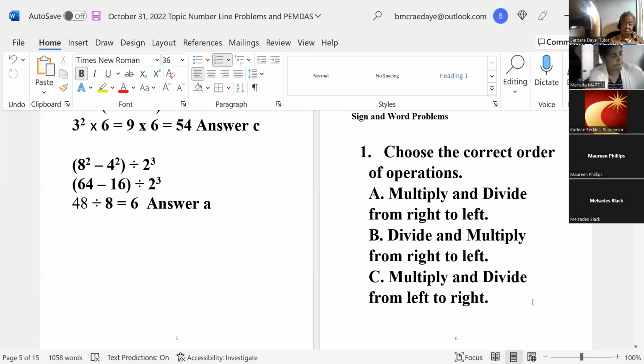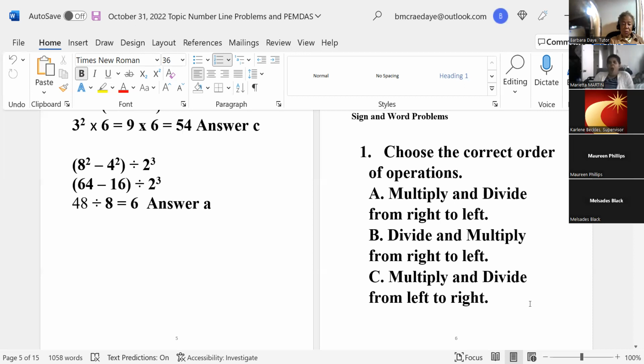In that last problem, we did division before multiplication because multiply and divide from left to right overrides PEMDAS. Just think of it as overriding PEMDAS. The same thing for addition and subtraction. Even though you have AS, addition then subtraction, if subtraction comes first going left to right, you do it first. Got it? Yeah, I understood, Miss.